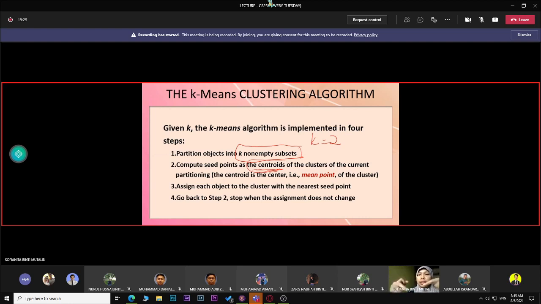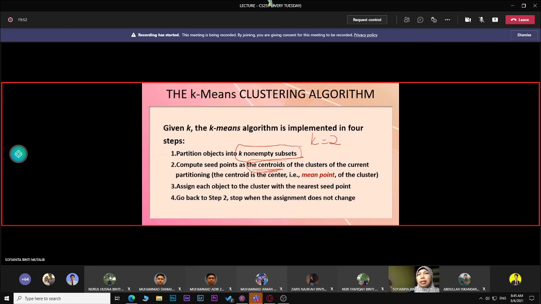The distance of each object in the data set will be calculated to the centroids. If you have 10 objects, for each object you need the distance to centroid 1 and to centroid 2. Then the assignment of the cluster is to the nearest.